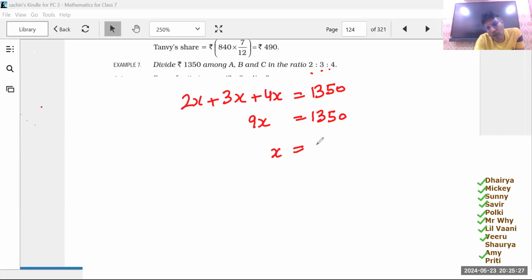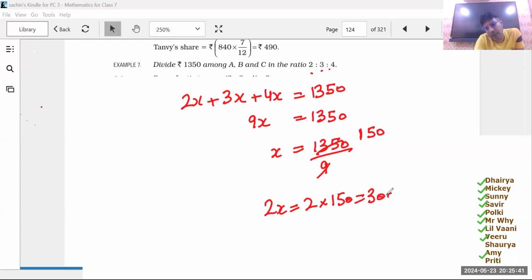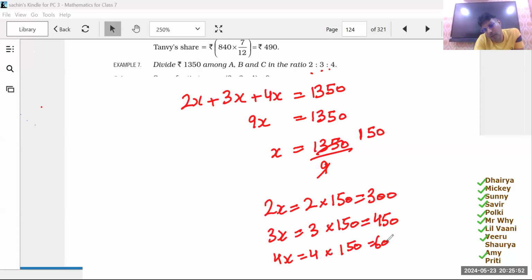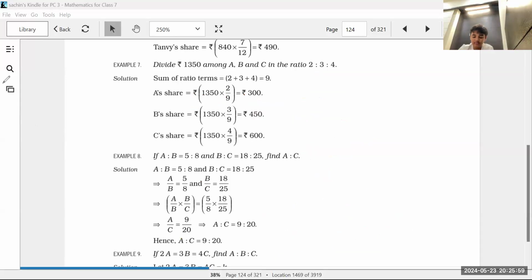So x is equal to 1350 upon 9, which is equal to 150. So 2x will be 2 into 150, which is 300. 3x will be 3 into 150, which is 450. And 4x will be equal to 4 into 150, which is 600. Got it, guys? Yes.